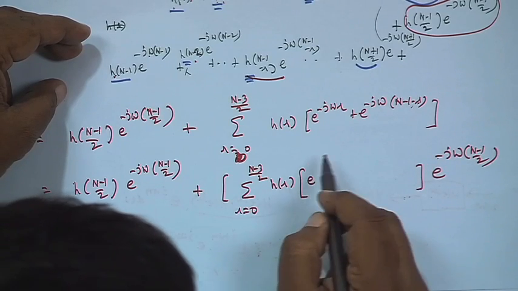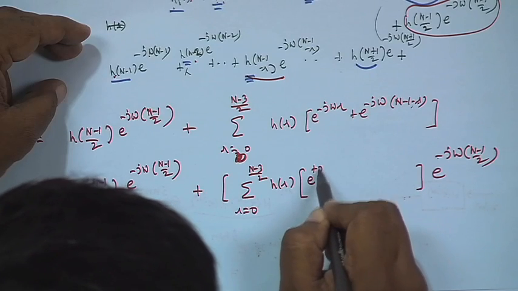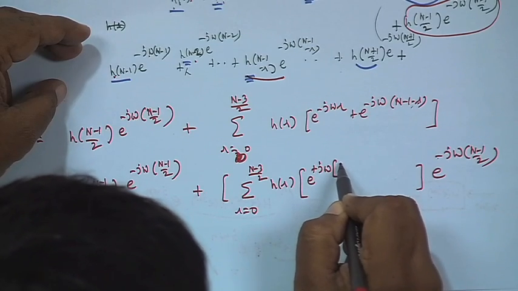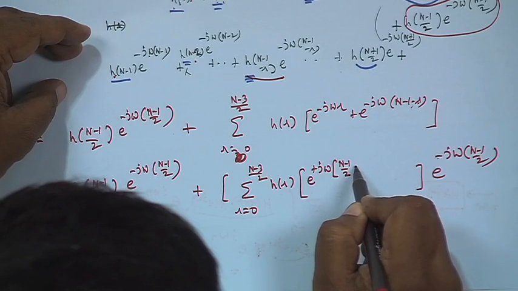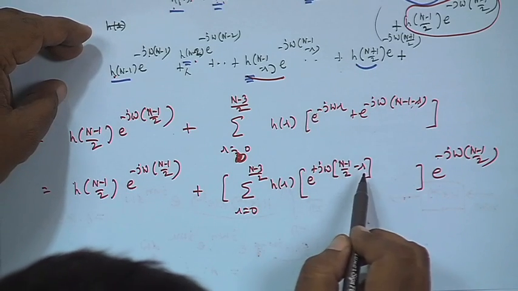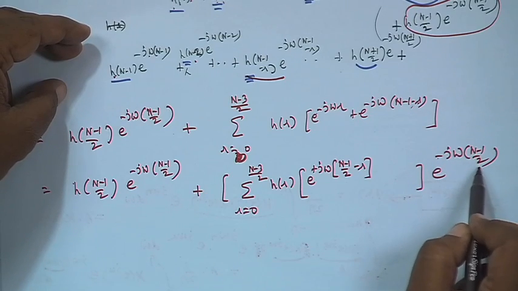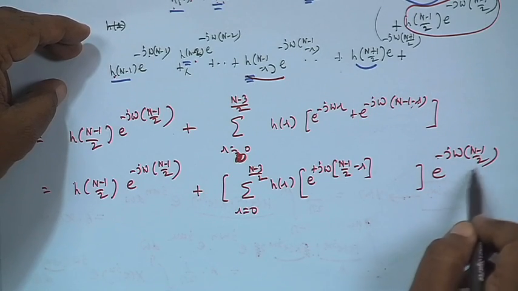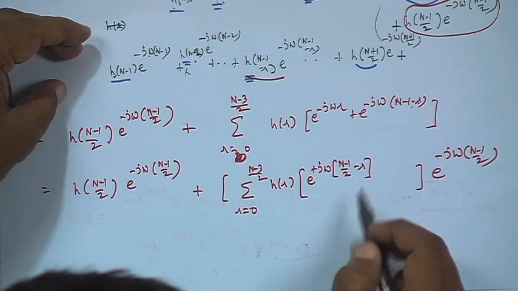So, e^{+jω((n-1)/2 - r)}, because it was minus jωr. So, minus jωr, and since I am taking e^{-jω(n-1)/2} out, to cancel it you have to have e^{+jω(n-1)/2} there.